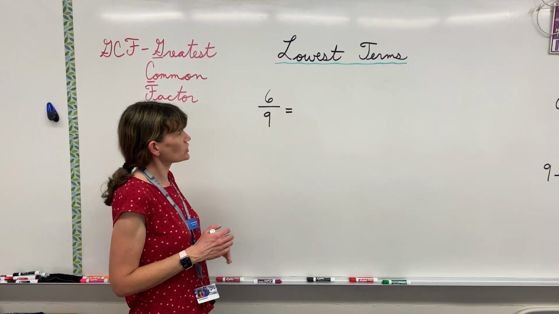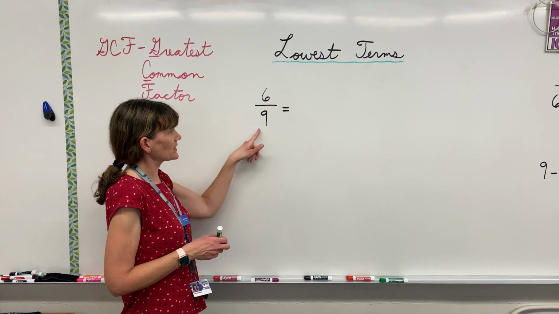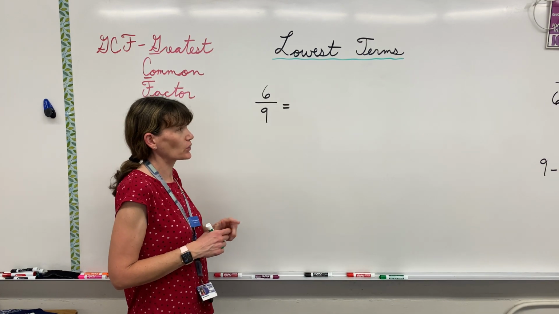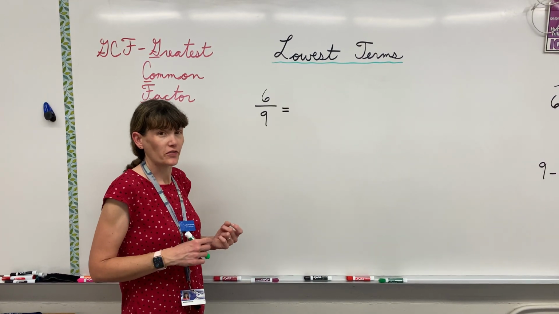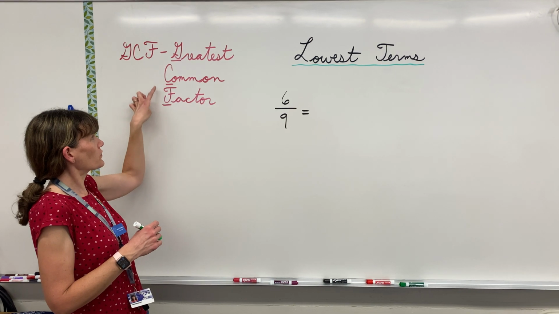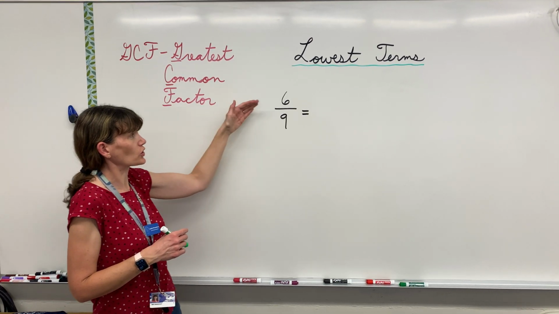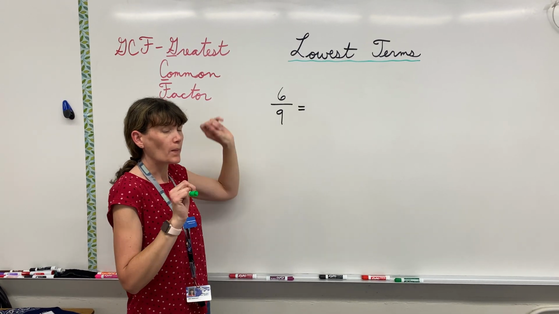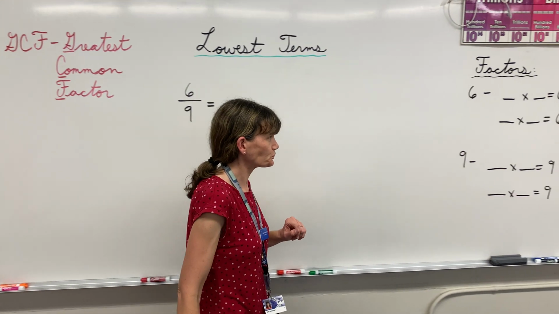So our first fraction that we're going to take a look at is 6/9. The first thing we need to do to put this in lowest terms is to figure out the factors. So we're looking for the greatest common factor between 6 and 9, the one that they both share, but we want the biggest number.